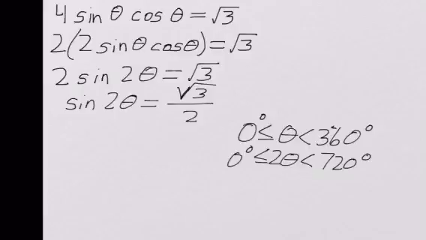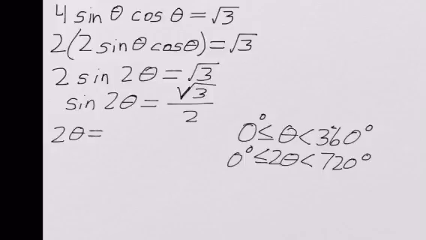So not only do we have to deal with the angles the first time around that have a sine of square root of 3 over 2, we also have to deal with them the second time around. So, square root of 3 over 2 tells us that our reference angle is 60 degrees. And we know that the sine is positive in the first and second quadrants.